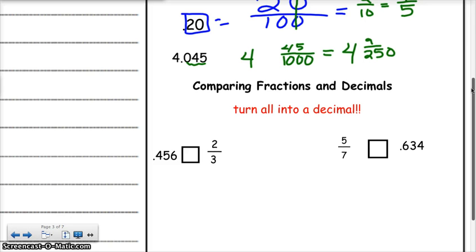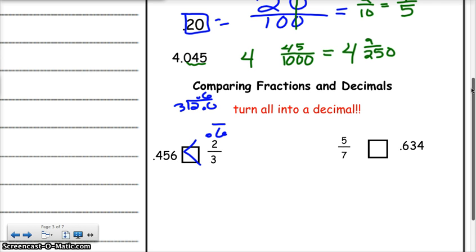So, for instance, 0.456 and 2/3, I just know 2/3 is 0.6 repeating. But if you don't remember that, you could do it the long way. You could say 3 on the outside, 2 on the inside, and notice that it's going to keep repeating. So I know that 0.6 is bigger than 0.456.